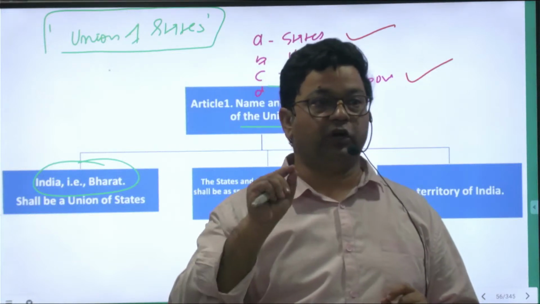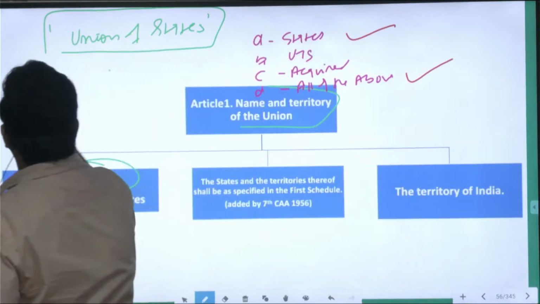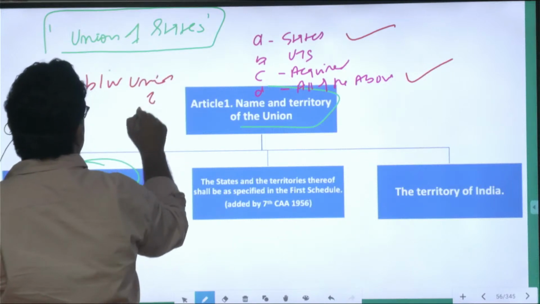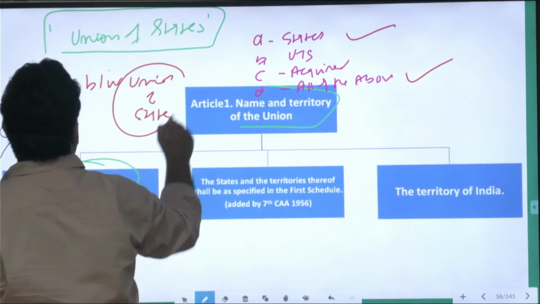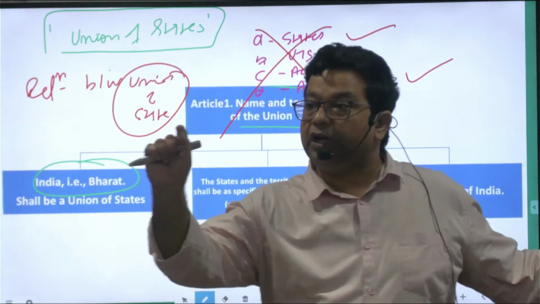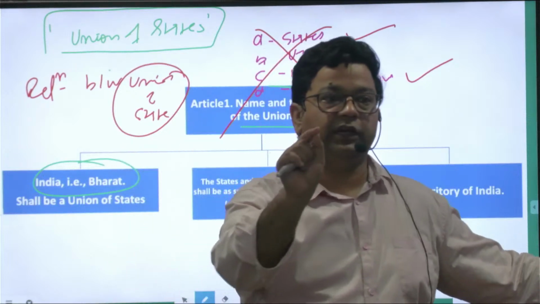So when we talk about Union of States, we are only talking about the relations between the Union and the states. Union of States indicates the federal structure of India.